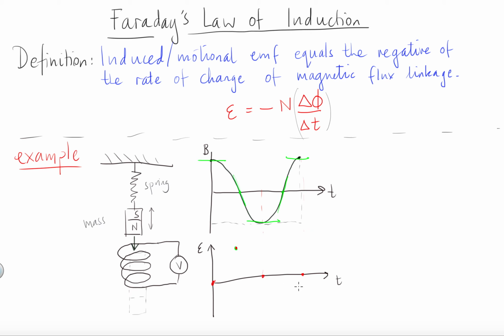Therefore, the EMF is going to be at a minimum. So we end up seeing the curve for EMF is also sinusoidal, but it's been shifted to the right by a quarter of a wavelength.